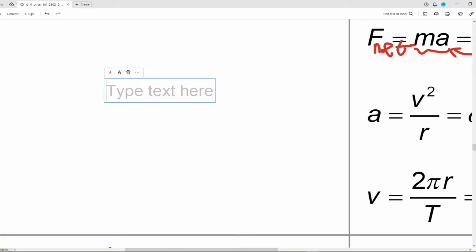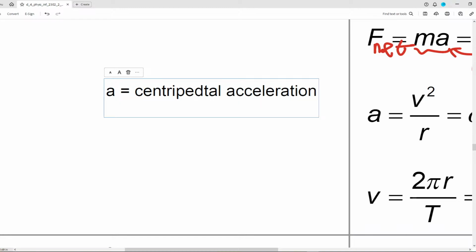So A is centripetal acceleration here. V here is, be careful, it's not the speed. I mean, it is the speed, but it's tangential velocity.